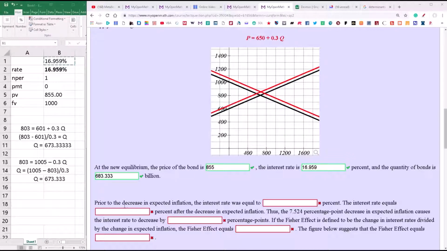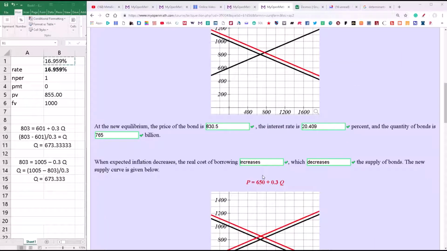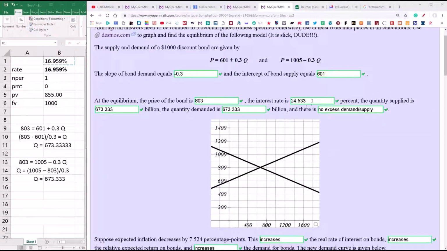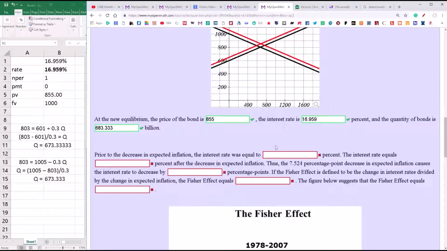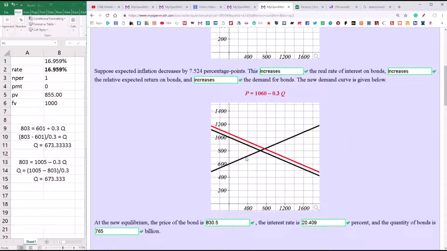Okay, so prior to the decrease in expected inflation, the interest rate was equal to what? Well, we have to go back to the original scenario up here. The interest rate was 24.533%. The interest rate equals blank percent after the decrease in expected inflation.